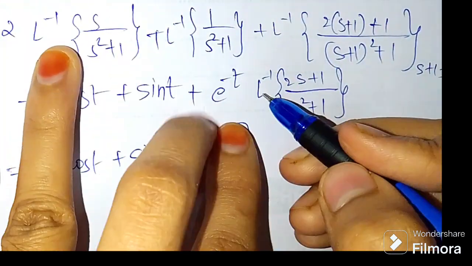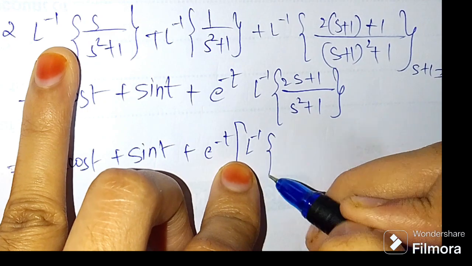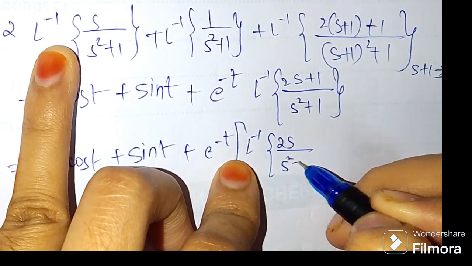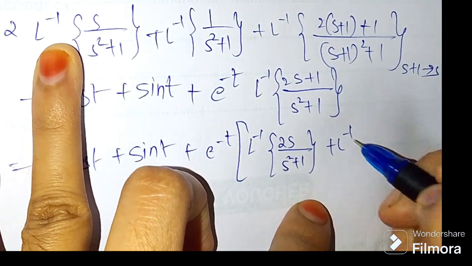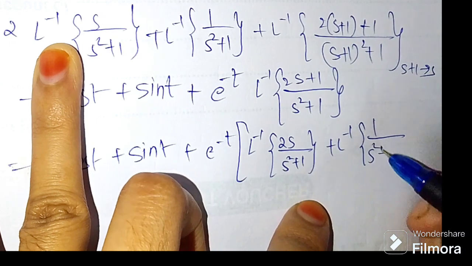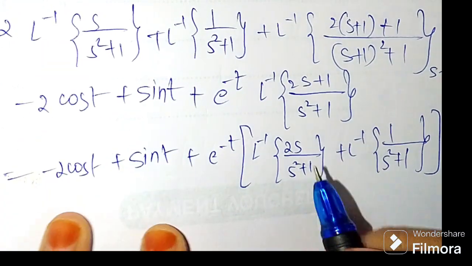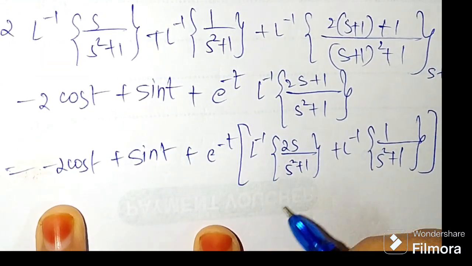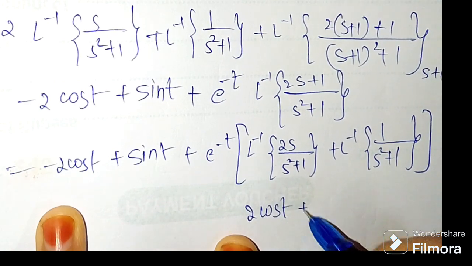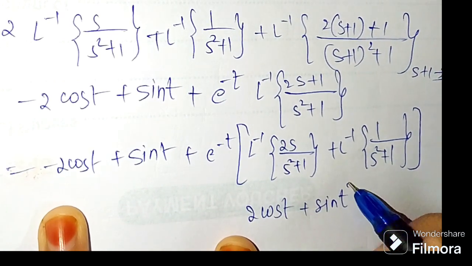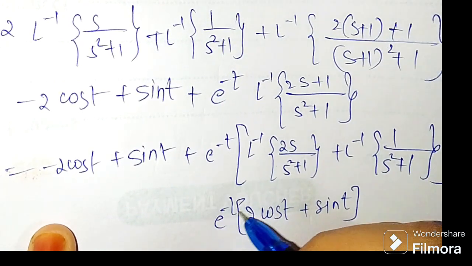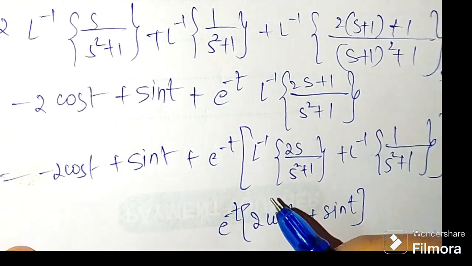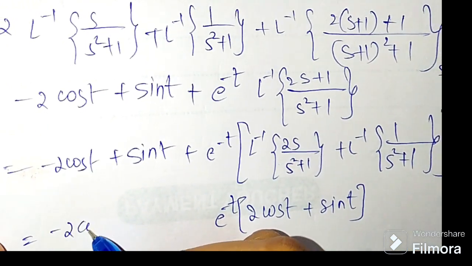So see this: Laplace inverse of 2s by s square plus 1, and Laplace inverse of 1 by s square plus 1. So this will be 2 outside, 2 cos t. This will be sin t. Okay, e power minus t. So this is your final answer.